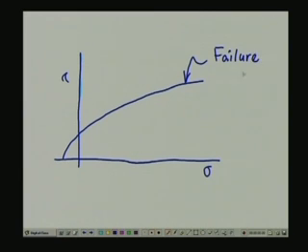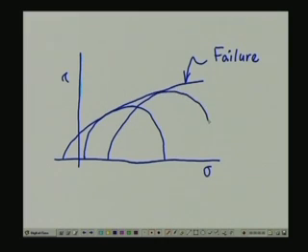You can see that this particular failure envelope is convex upward. So the Mohr circles for this particular failure envelope were possibly like this, and you might have another Mohr circle on the other side of the axis.